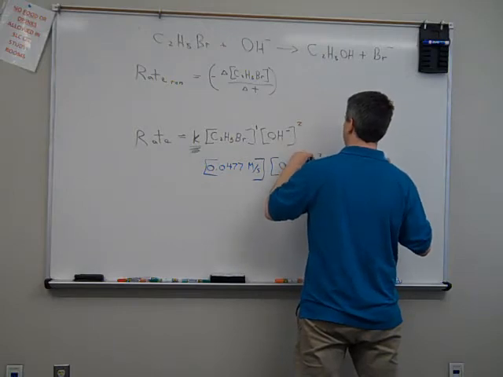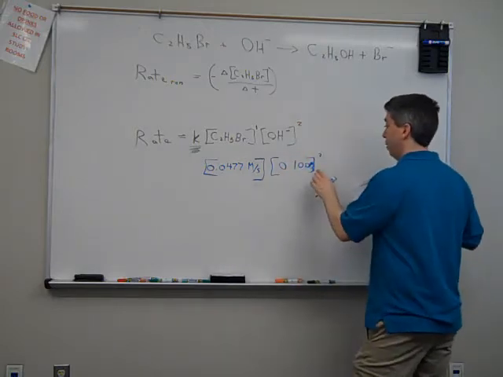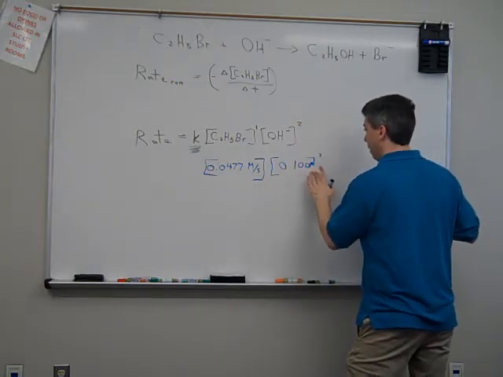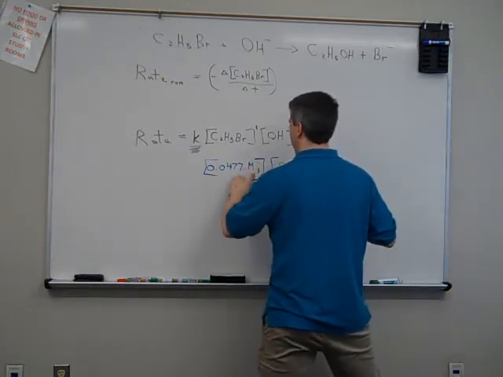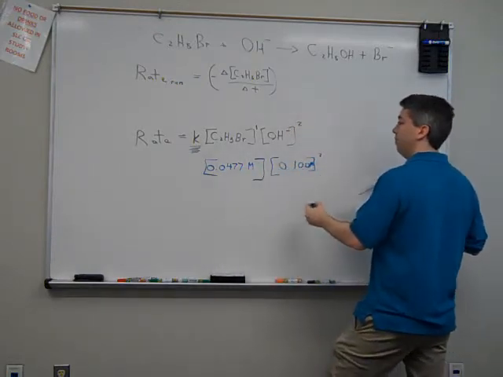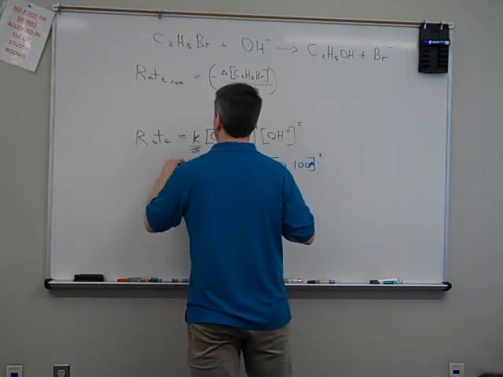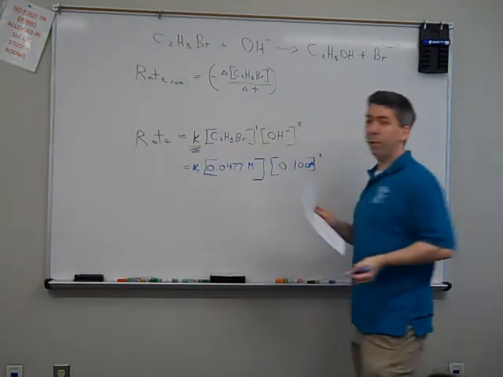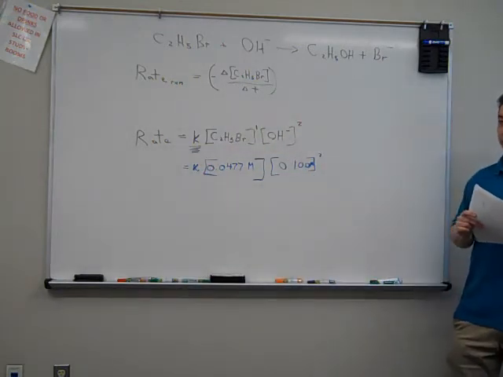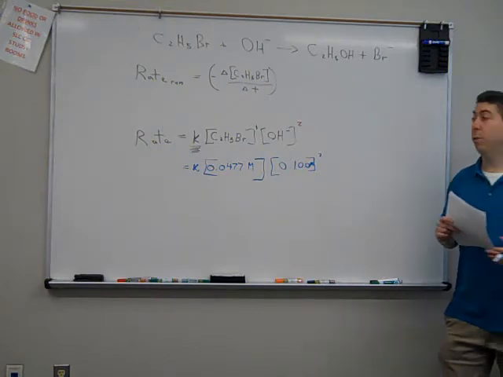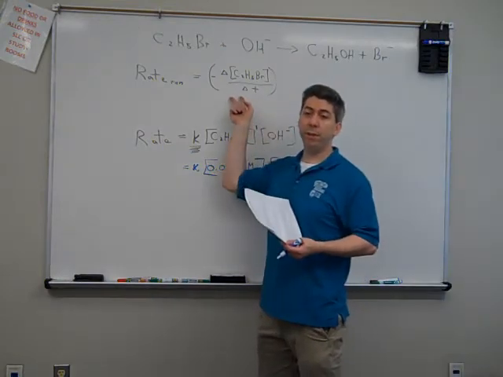0.1, squared, right? Oh, actually, no, that's just concentration, it's just molarity. My bad. And then now do we know what the rate of reaction is? Well, technically it only gives us the rate of disappearance, right?